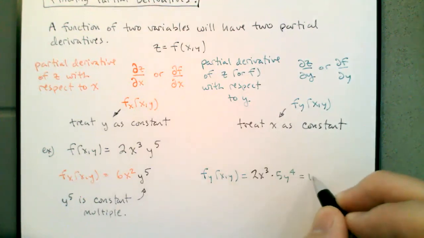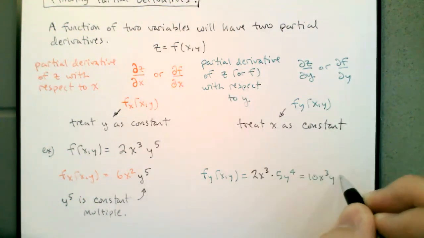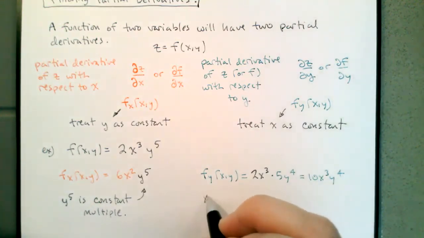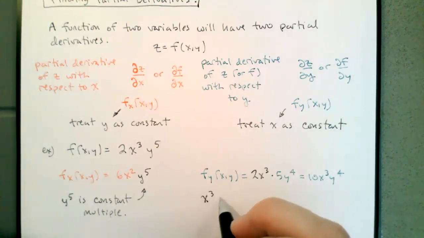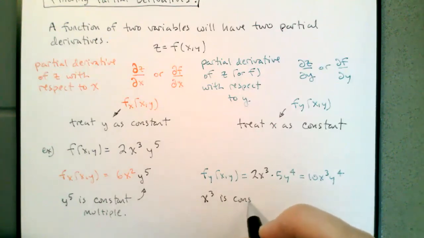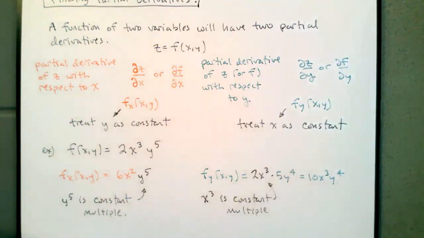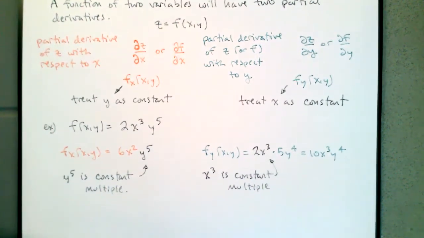So we end up with 10x cubed y to the fourth. In this case, x cubed is a constant multiple. In the y direction, x is not variable.